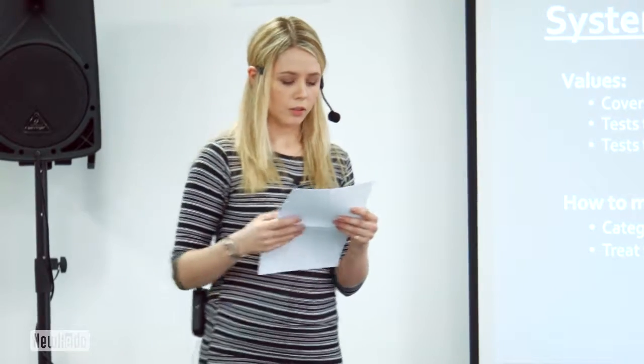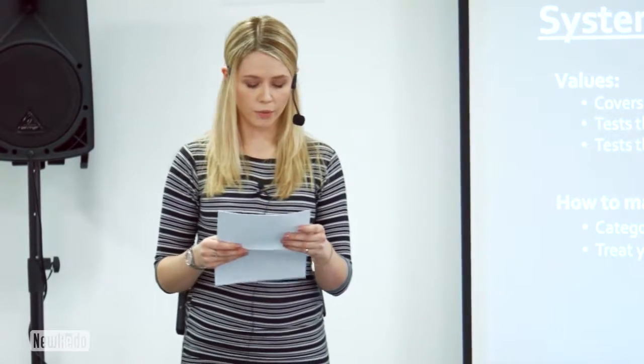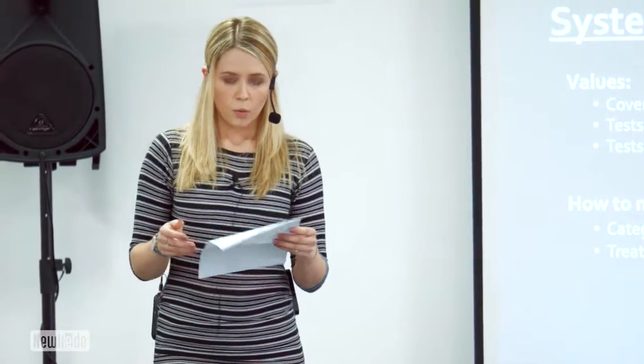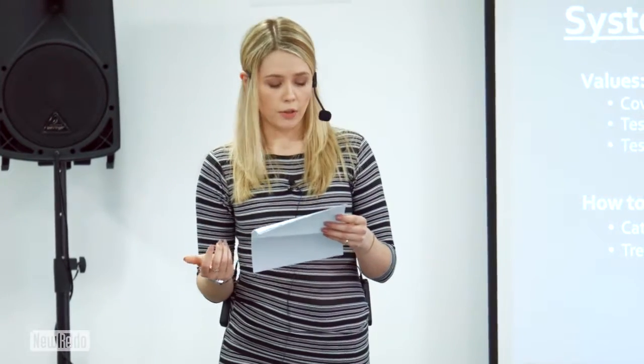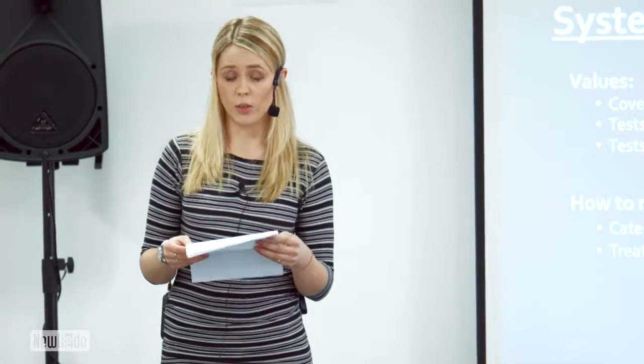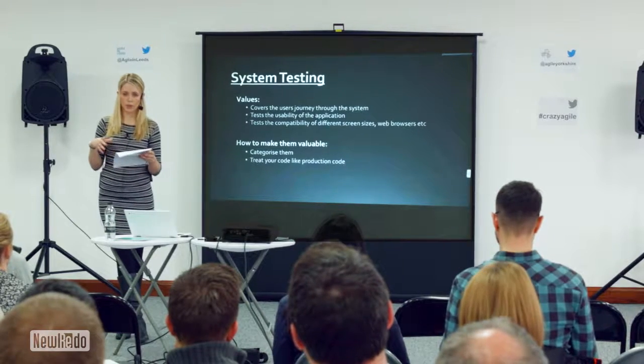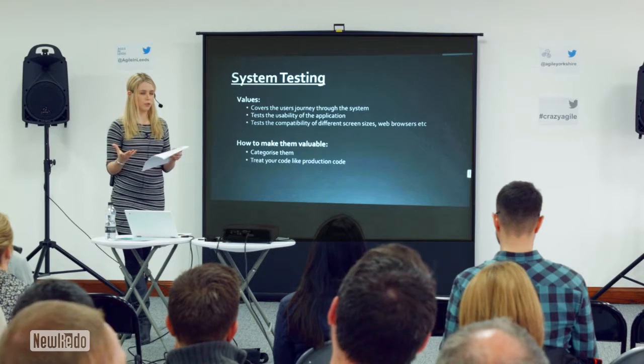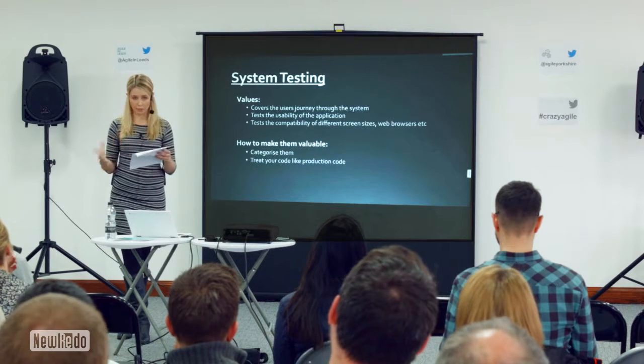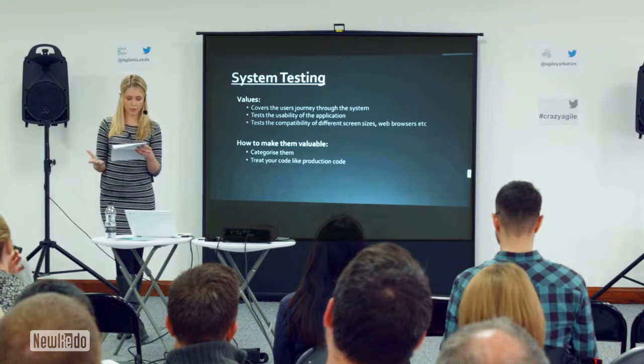We also treat our code like production code. So we have methods which interact with on-screen UI elements, and those are unit tested as well. So we have confidence that anybody else who's also using our testing framework can't break our tests just from making changes to it.